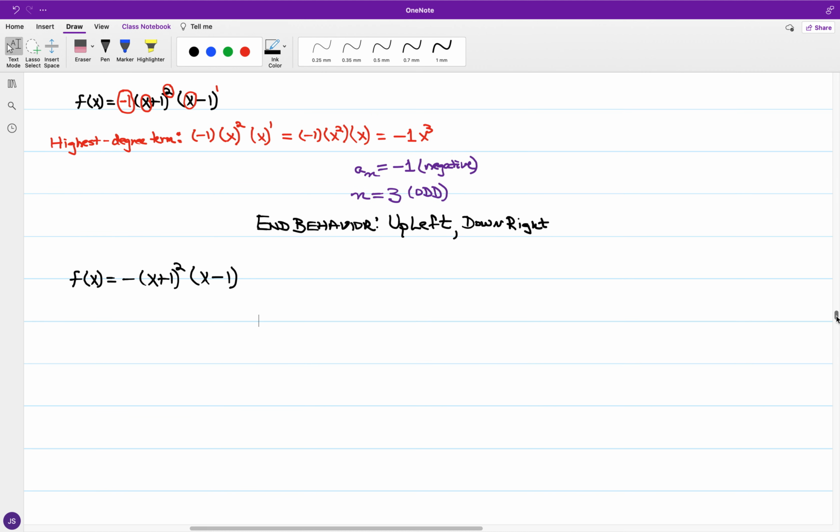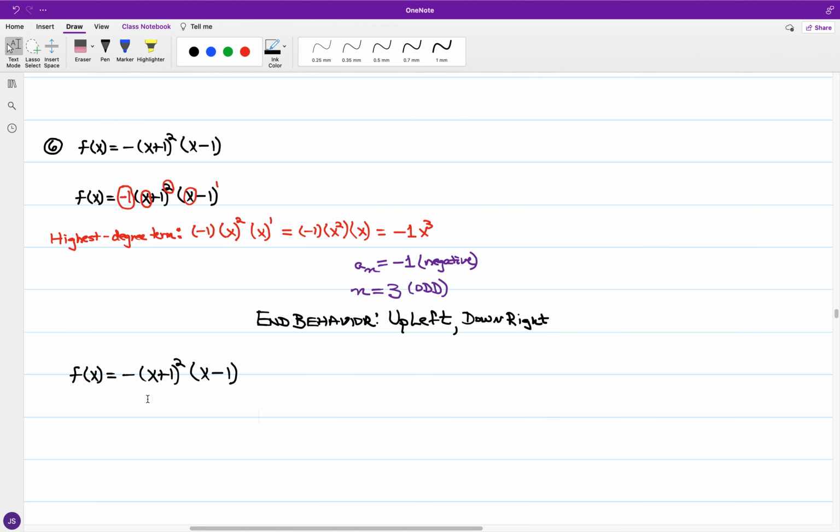So for the next part, you have the variable factors, x plus 1 and x minus 1. So we can go ahead and state that for the zeros of f of x, let me do this one other thing here.